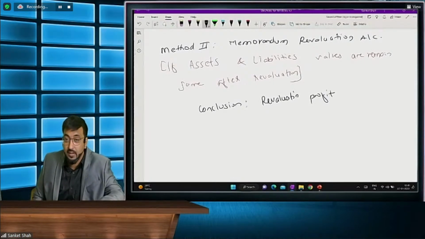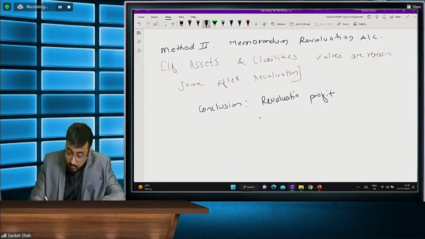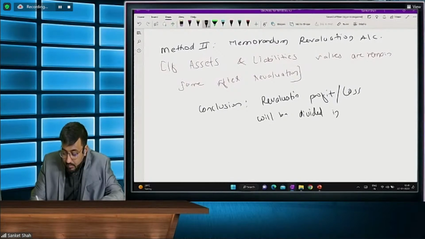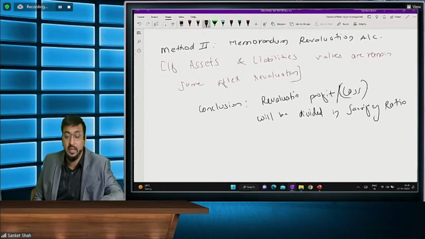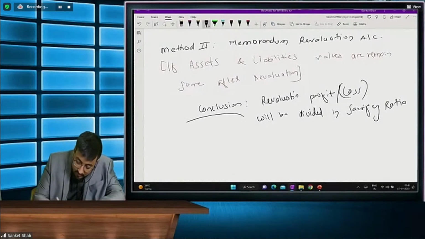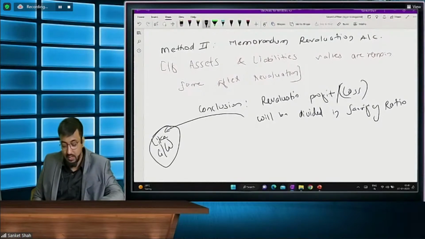Revaluation profit or loss will be divided in sacrificing ratio, or gaining-losing ratio in case of retirement. Conclusion: revaluation profit is divided, means simply like goodwill. It's simple, like goodwill.